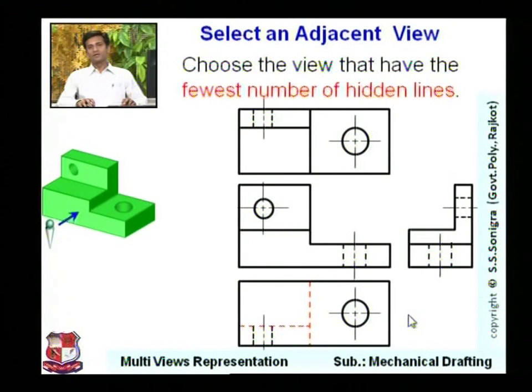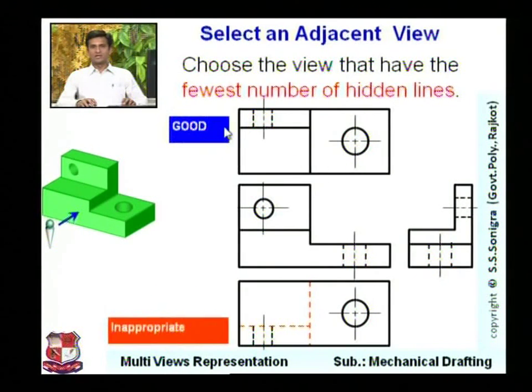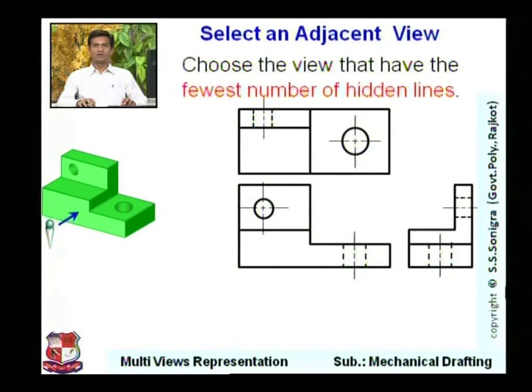So of course we should not use this view, and this view should be selected. This is a good practice to draw this view, and this is not an appropriate representation of the object. So this is also to be removed like this. So for this object, these are the three views which are selected to represent it.